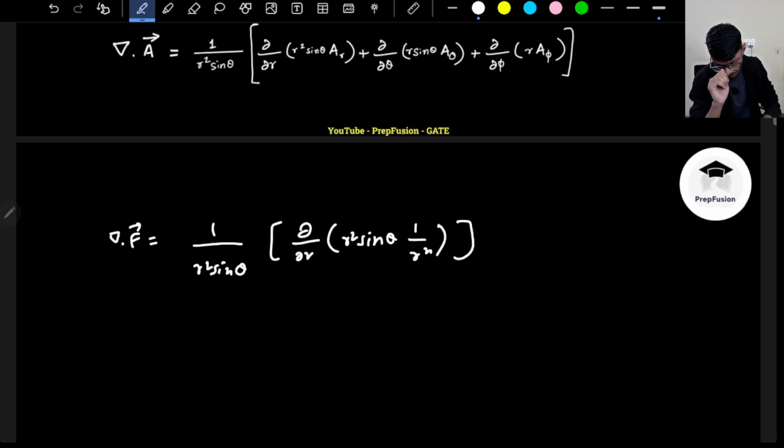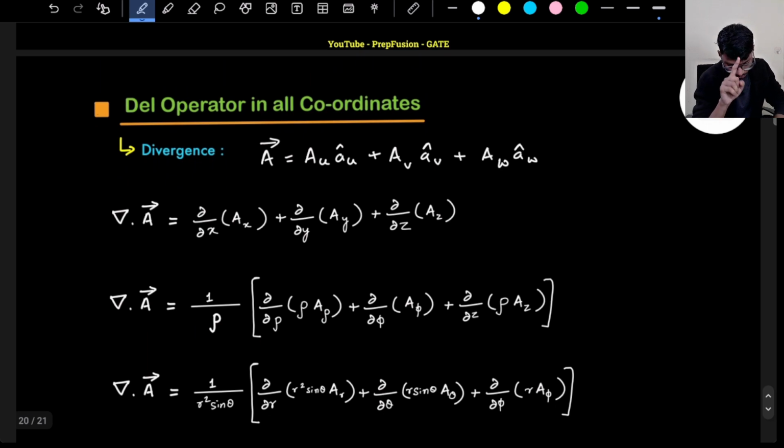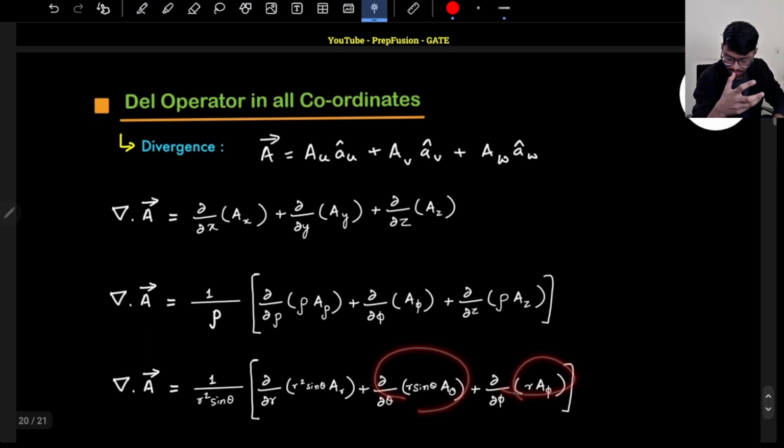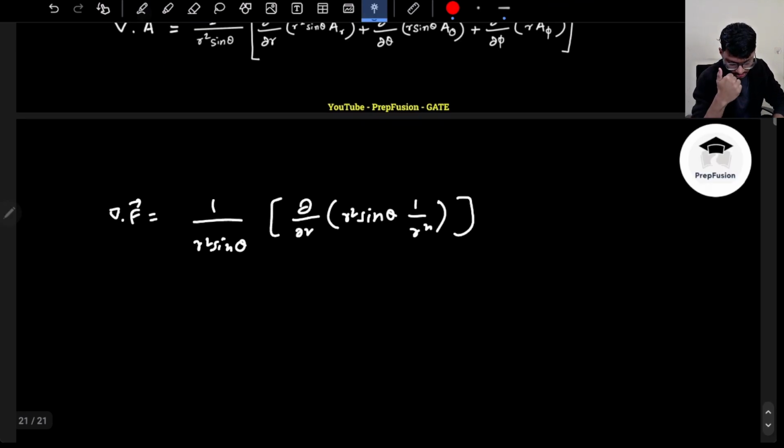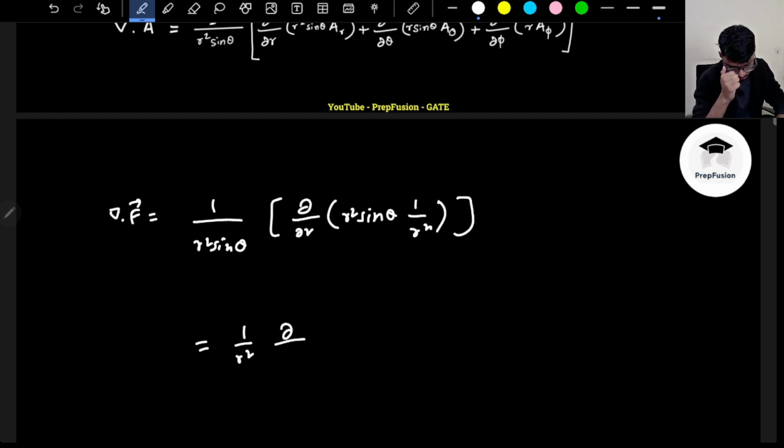Now here sin theta is like a constant, it can come outside. Sin theta will be cancelled, r square will be left. This will be del by dr into r raised to power 2 minus n. Ultimately this will come out to be 1 by r square into 2 minus n into r raised to power 3 minus n.